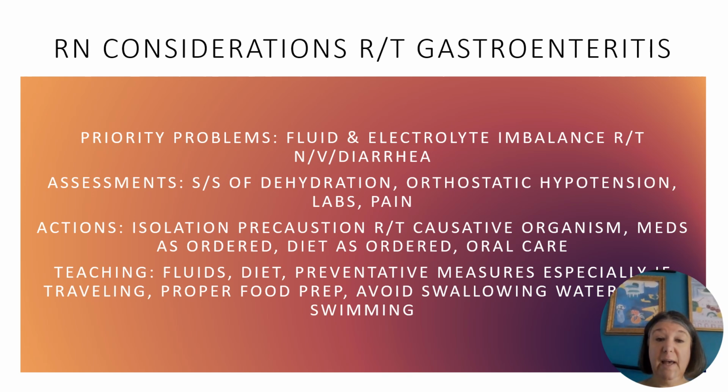You want to assess the abdomen. Is the abdomen distended? If it is distended, we may want to think about a nasogastric tube to low wall suction to help pull some of that stuff out, get some of the acid out, get some of the gases out, right? We're going to listen to bowel sounds. We would expect our bowel sounds to be hyperactive.